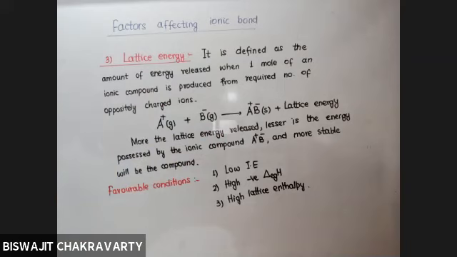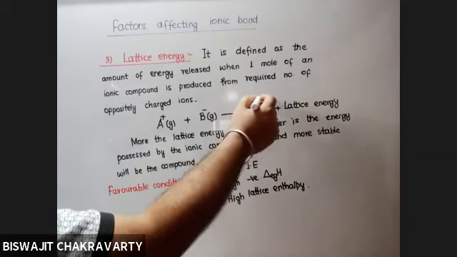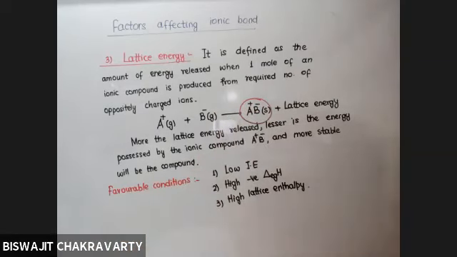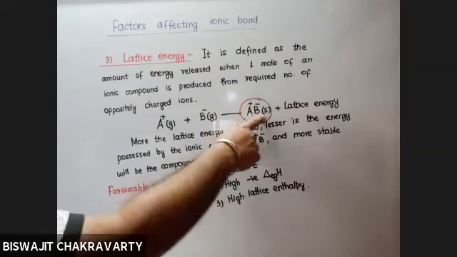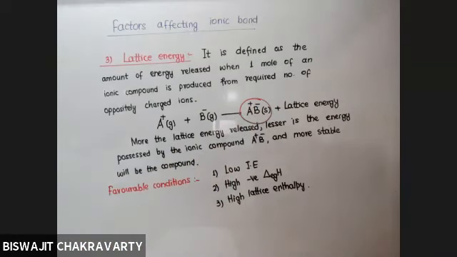Understood? So this ionic compound produced should be 1 mole. And during this production of 1 mole of ionic compound, whatever energy is released, it is referred to as lattice energy. Clear? Yes, sir. Okay.